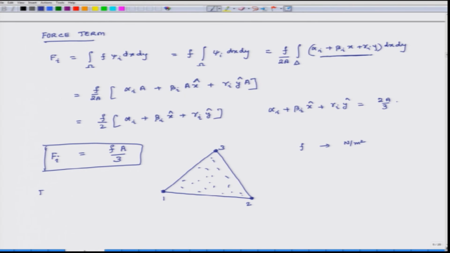So, F_1 plus F_2 plus F_3 equals f times A, where A is the area of the triangle, and each node shares an equal amount of load. So, this is the physical interpretation of this mathematics.